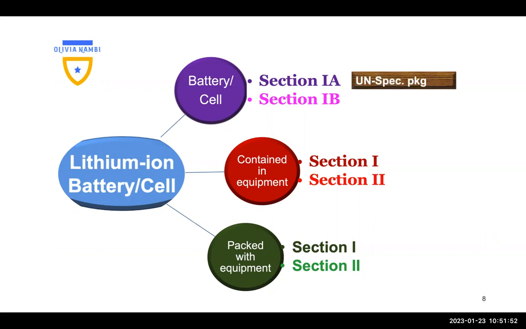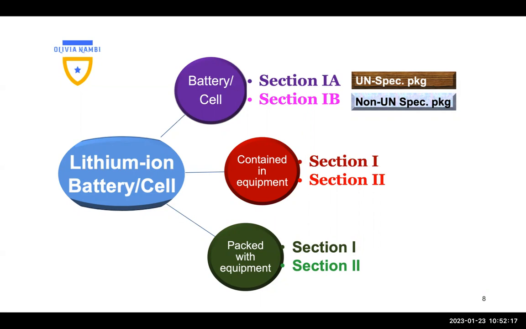Section 1A requires a UN specification packaging. Section 1B does not require a UN specification package. I'm going to run you through a couple of full shipments. So there I'm going to show you how you're going to look at the packing instructions and determine when you need a UN specification packaging and when you don't need it.